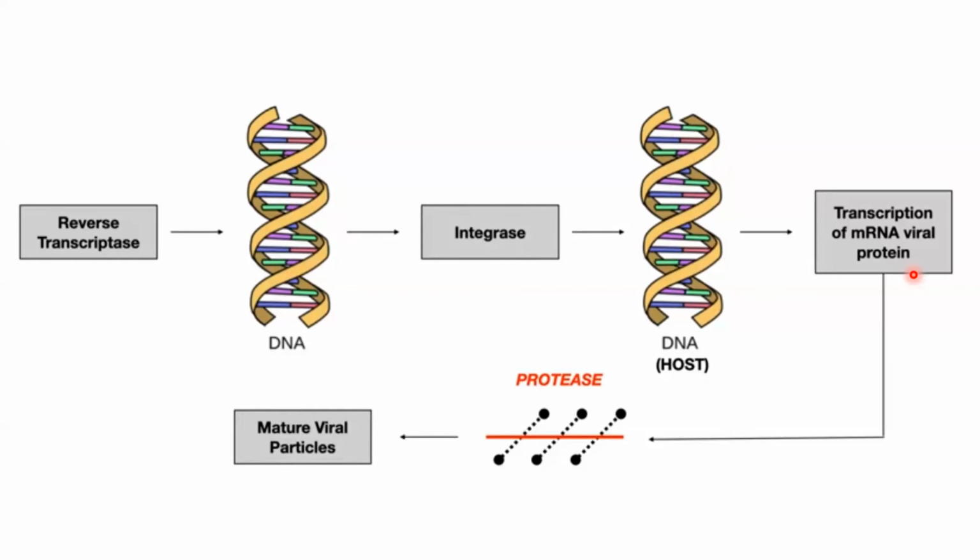It's the viral proteins that the virus produces, right? So it's going to produce proteins, but they're immature. What the protease does is cleave these viral proteins into mature final viral products or viral particles.